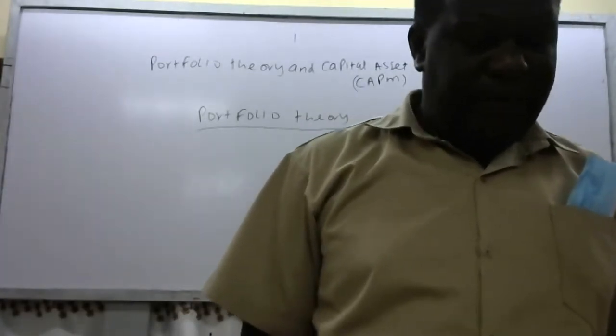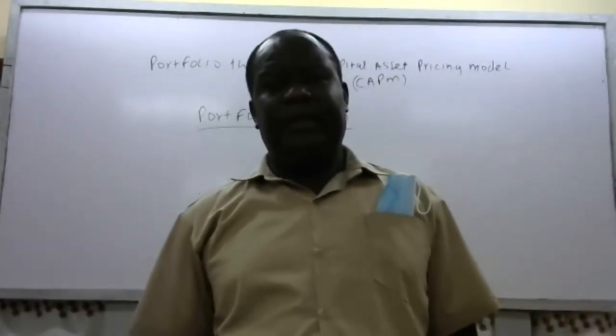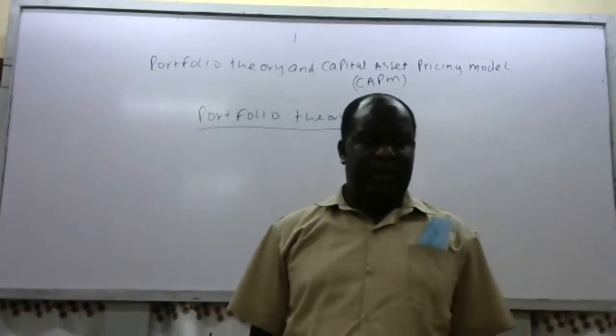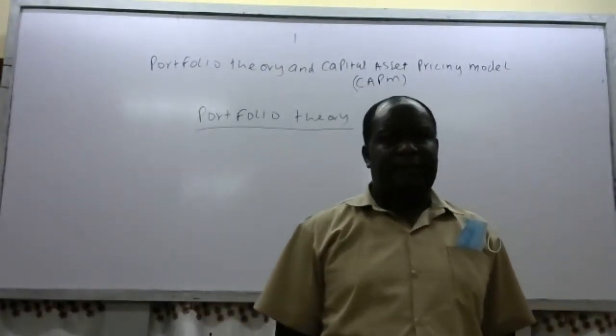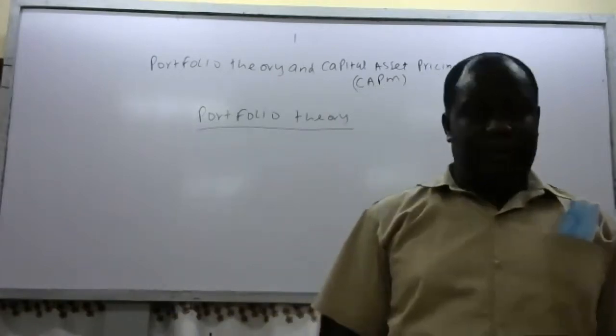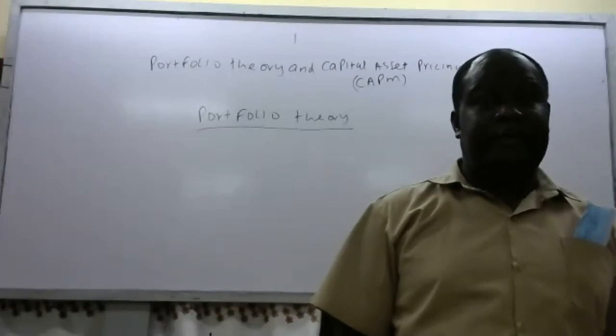There are normally 2 types of risks facing the company. Number 1 will be financial risk.